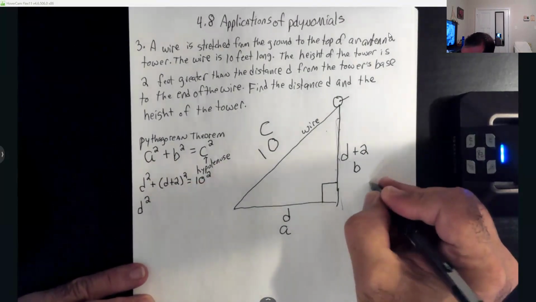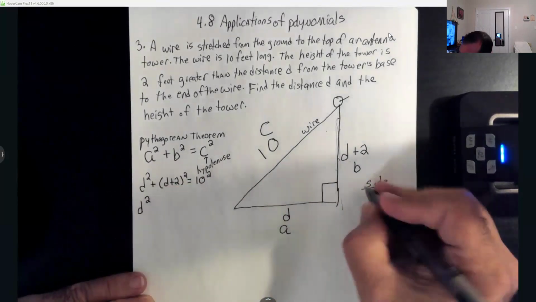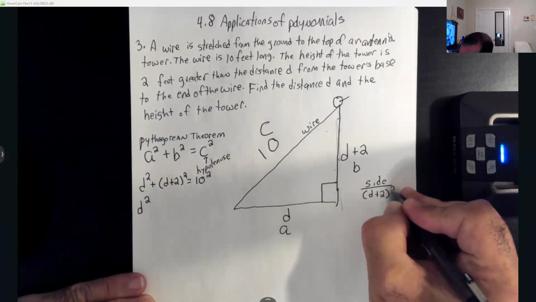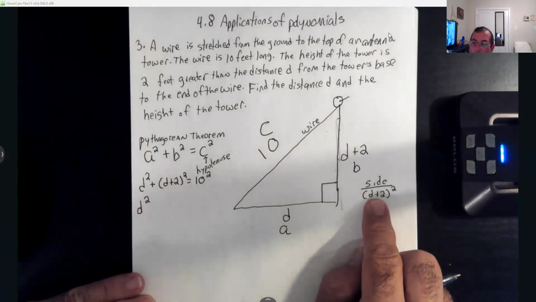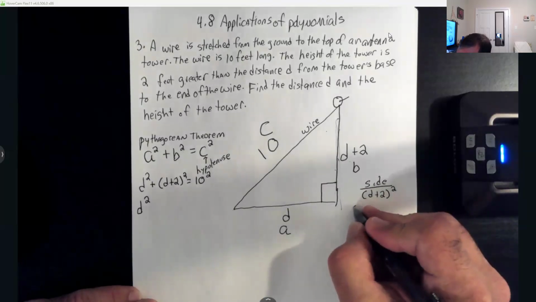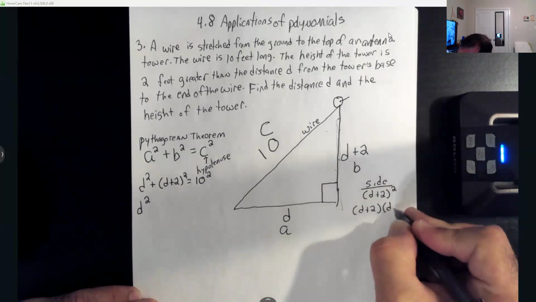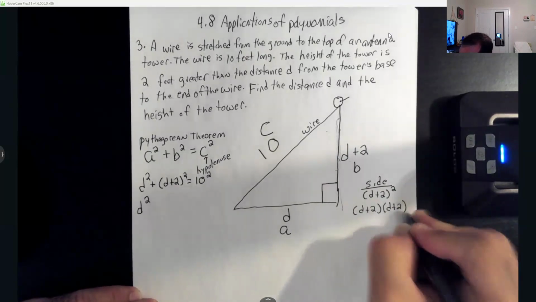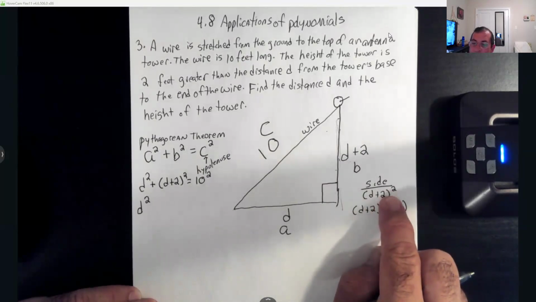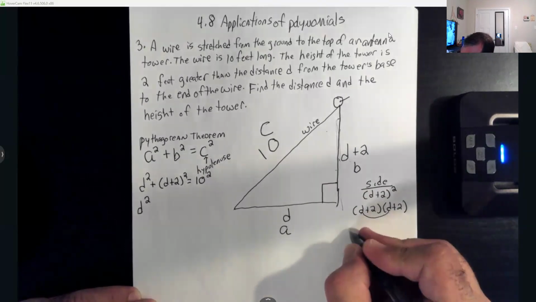But y'all, I need to do some side work over here. Because remember, I got a (d plus 2) squared. And remember, support homework told us if we got a (d plus 2) squared like this, we need to write that twice and FOIL it. So that's what that support was for, so you remember how to FOIL this stuff, okay? So I got d times d is d squared.